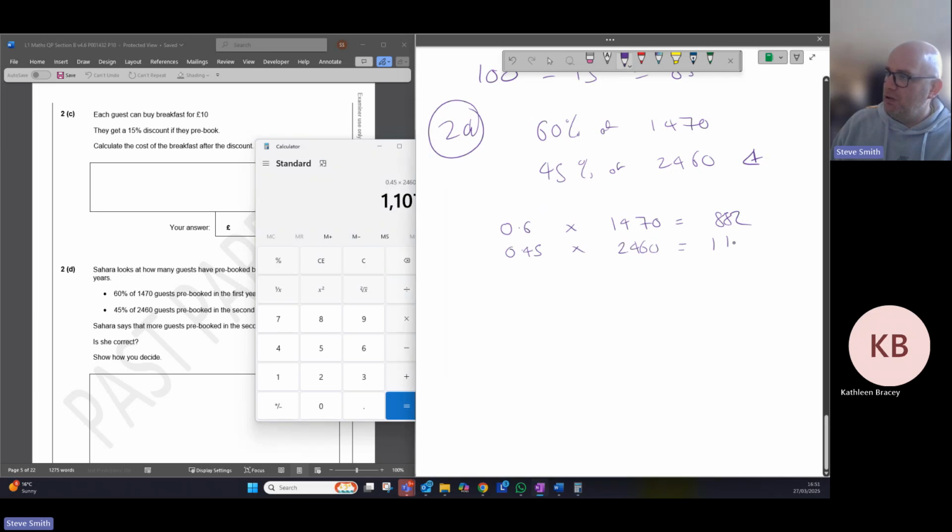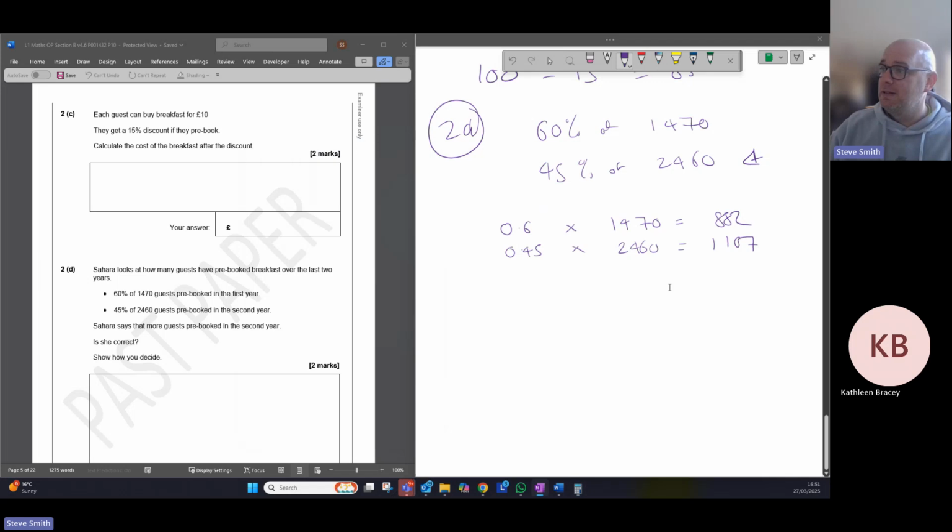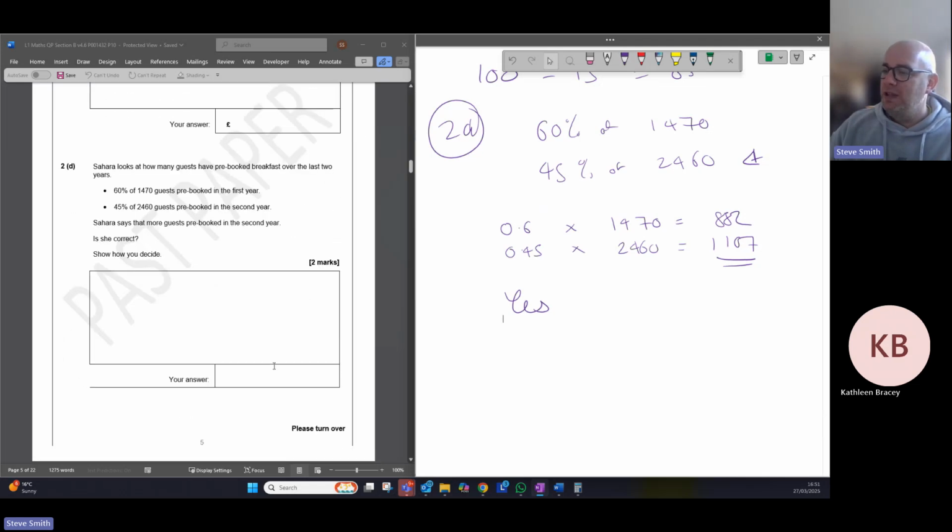So Sarah is correct on this occasion. Yes, she's correct. So it's important on there that you've put yes in your box, not the answer. So is she correct? Yes.